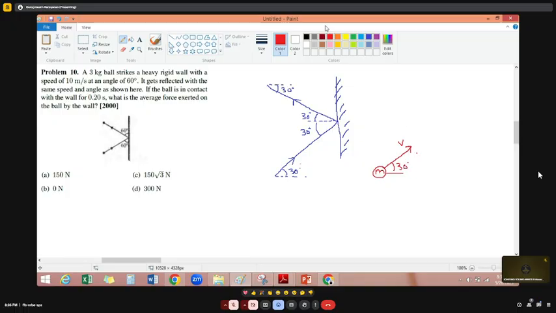then this can be written as, this side it will be mv cos 30, and this side it will be mv sin 30.